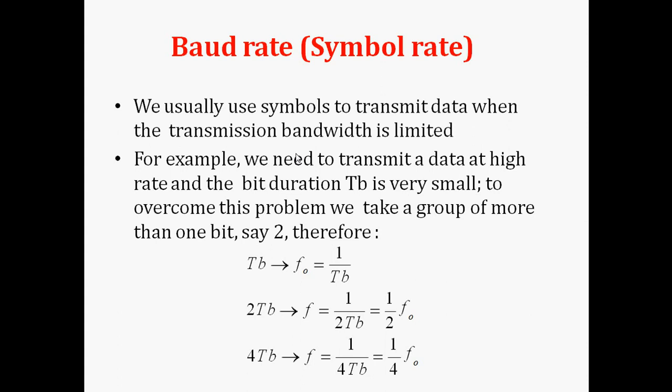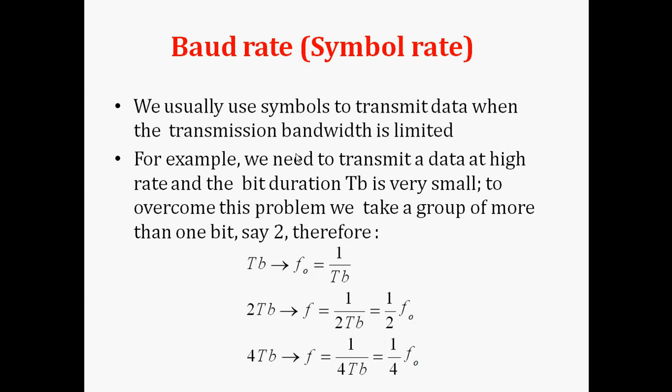Say the time of transmitting a bit is T_B and the frequency of transmission is defined as 1 by T_B, equal to F0. When we are grouping 2 bits, the duration is 2 T_B, so the frequency will be 1 upon 2 T_B, which is 1 by 2 of F0. Now again, this is the minimum frequency required for transmitting 2 bits. When we are grouping 4 bits into a symbol, then the frequency is 1 by 4 of F0.